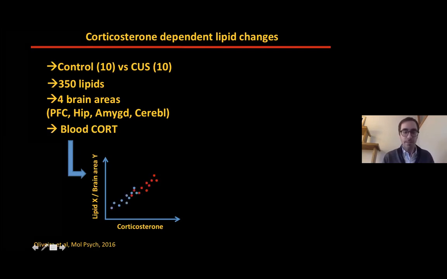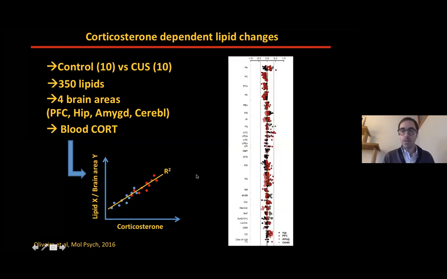So we would have something like this, a correlation index between the lipid species and corticosterone, and then we can plot all these correlation values, and we take into consideration the slope of the curve. We can consider that whatever is going to the right is more directly correlated, whatever is going to the left is more inversely correlated.